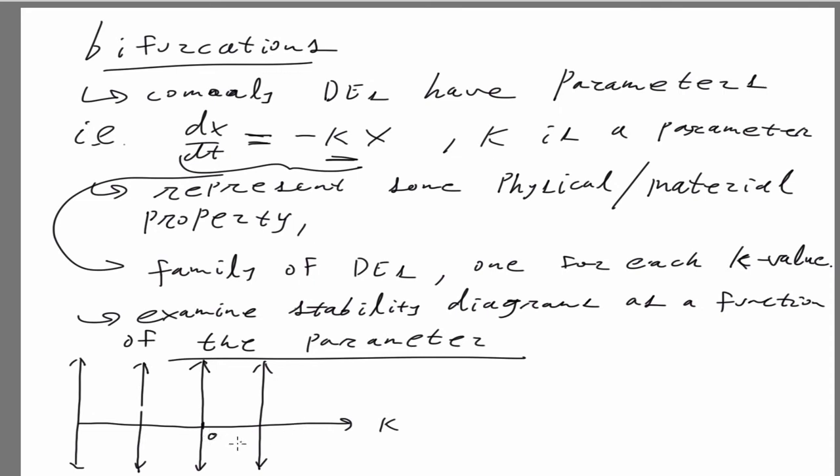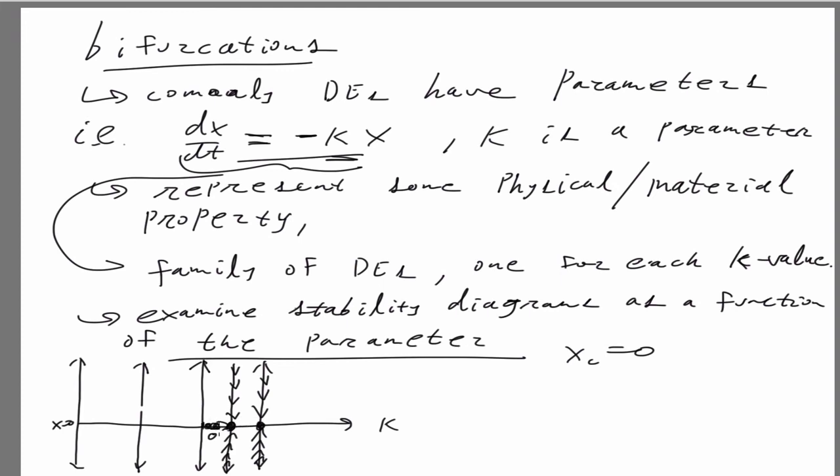I'll say that's the k equals 0 value, and that's the x equals 0 value, because for all these differential equations, xc is 0. The critical point is 0, right? And I want to know what happens. So for k greater than 0, if I go this way, I see that we have stability, exponential decay towards our critical point. For any k value that's positive, because there's a negative sign associated with it, no matter what the value is, as long as it's positive, we always get stability.